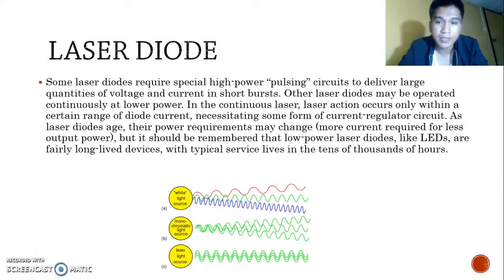In the continuous case, laser action occurs only within a certain range of diode current, necessitating some form of current regulator circuit. As laser diodes age, their power requirements may change. But it should be remembered that low-power laser diodes, like LEDs, are fairly long-lived devices, with typical service lives in the tens of thousands of hours.